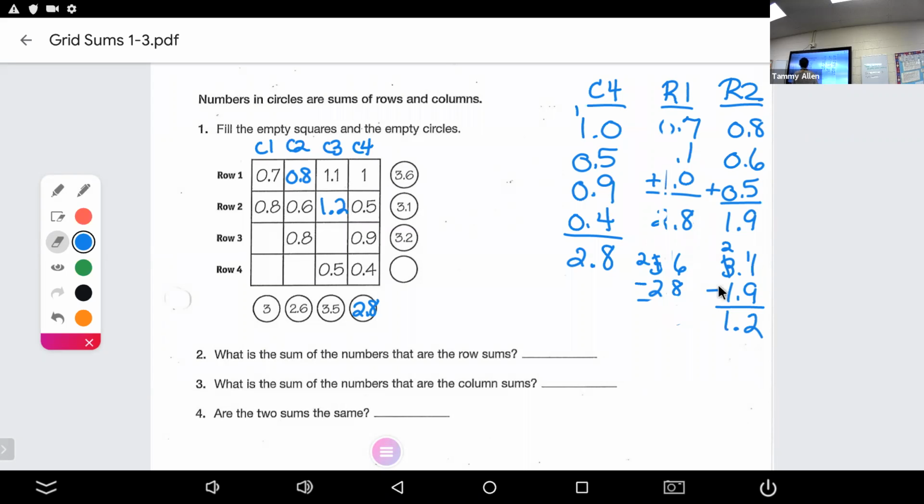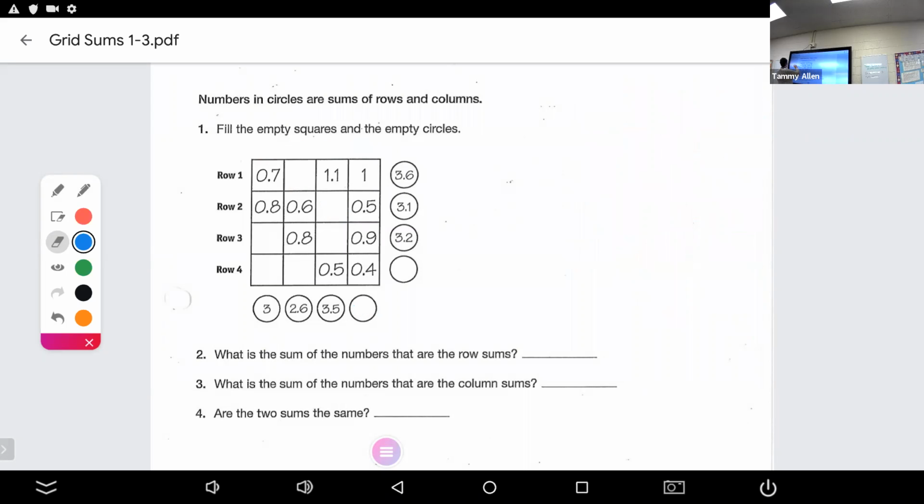All right, you guys can tell me what the numbers are. What goes here? 8/10? 1 and 2/10? Is that all we had? Oh, wait, what were here? 2 and 8/10? Okay.